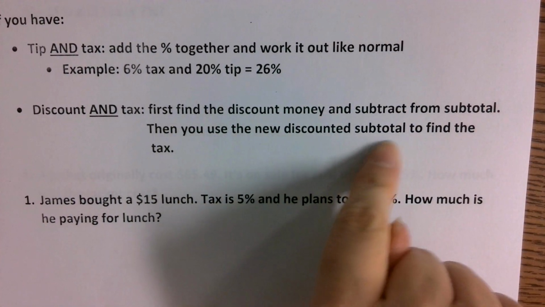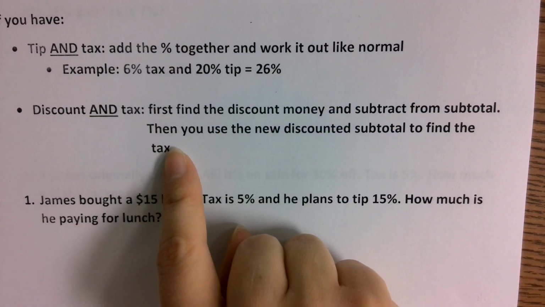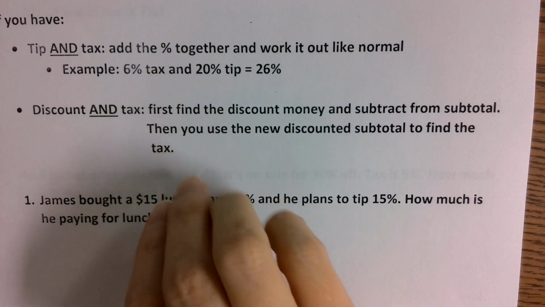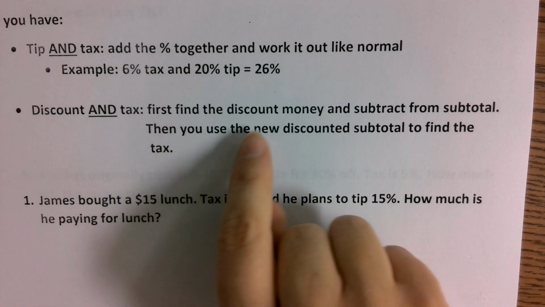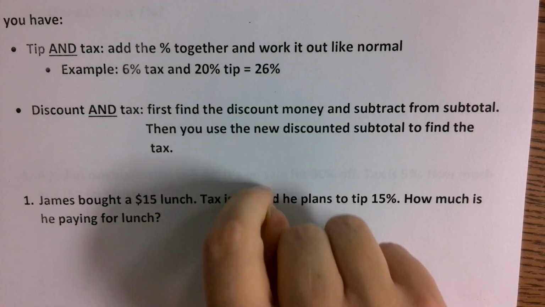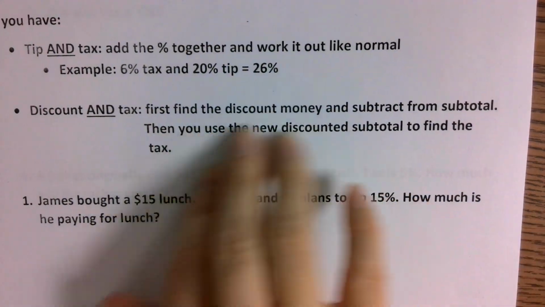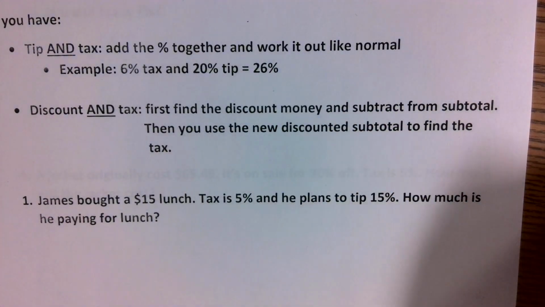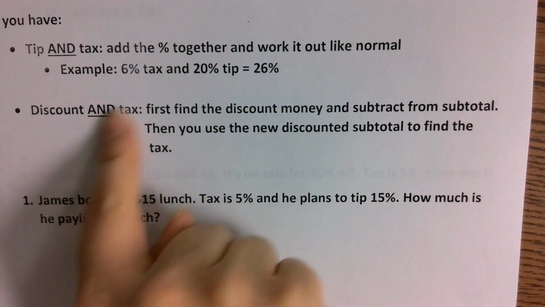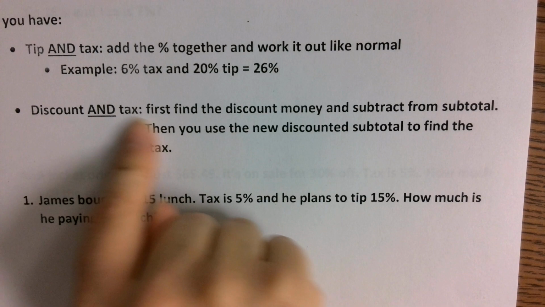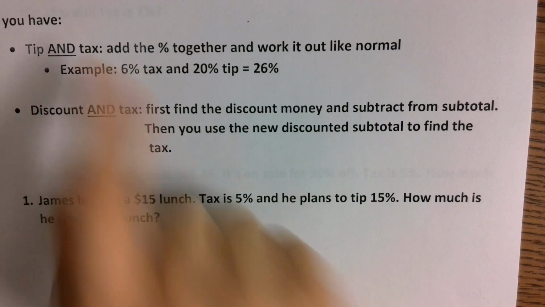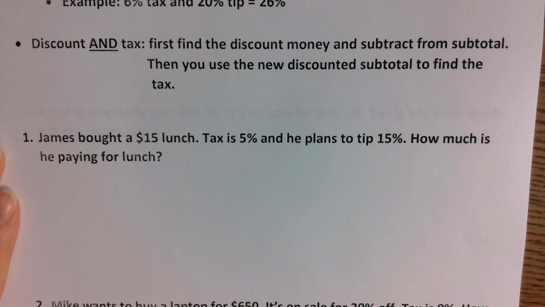Using that new value is how you would find your tax. So you would do X over the new value is equal to the tax percentage over 100, and then find out what the tax is, and then combine that together. Okay, so this portion right here is a longer process. This is not. So let's take a look at some situations here.